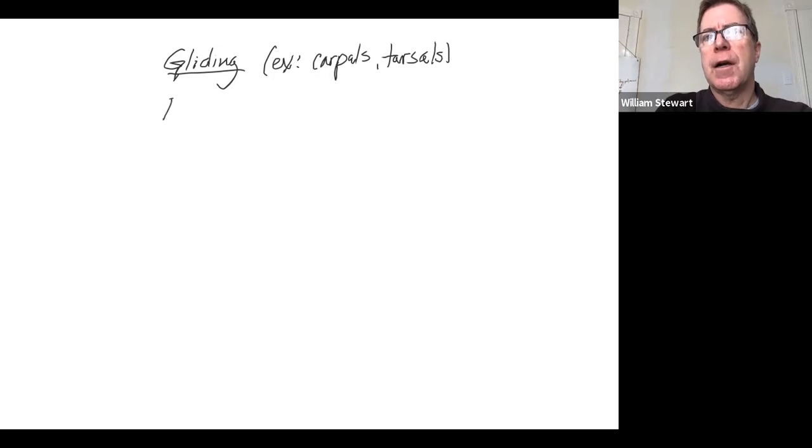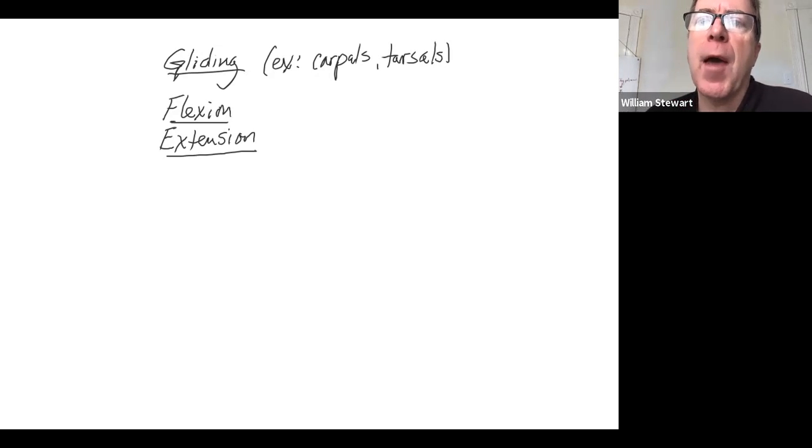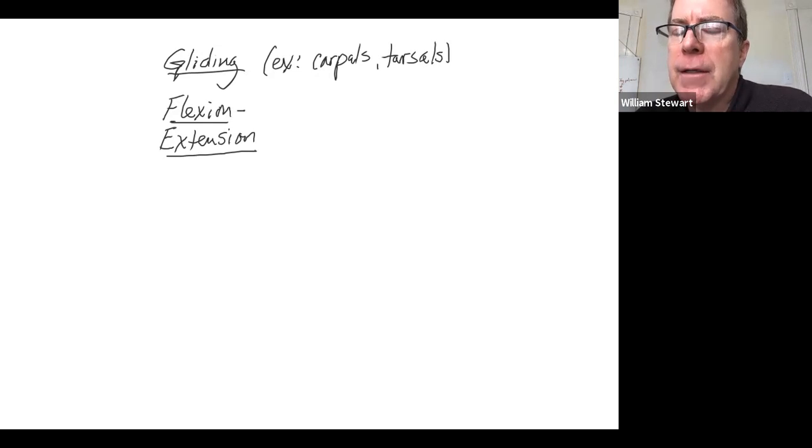Next is flexion, I'm going to do both of them together, and extension, because these two movements oppose one another. I'll define flexion and extension for you and then give you examples. The definition of flexion really is when we flex, we decrease the angle at a joint, and this almost always occurs at a hinge joint.